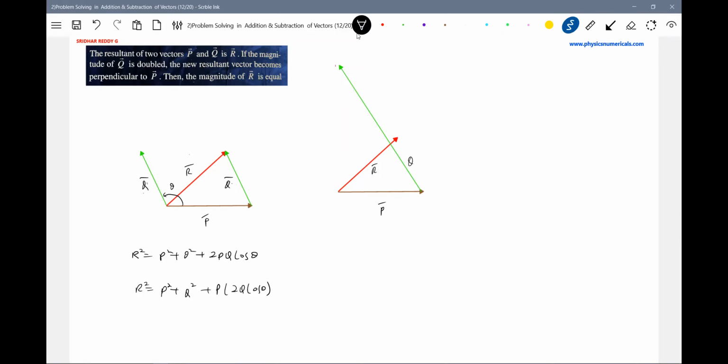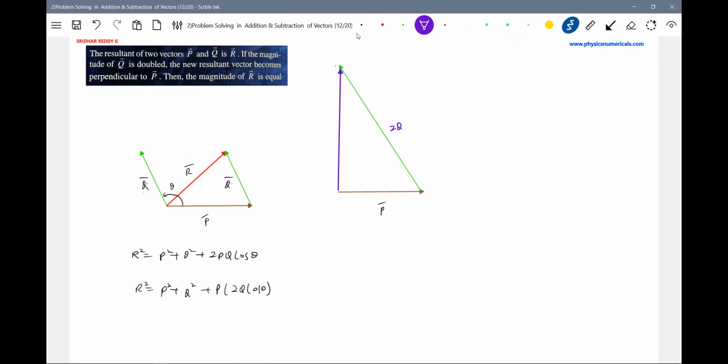It was earlier Q. So now the new resultant will change. This will become perpendicular now. So earlier it was like this, and now this vector will become 2Q. This would be the new resultant.